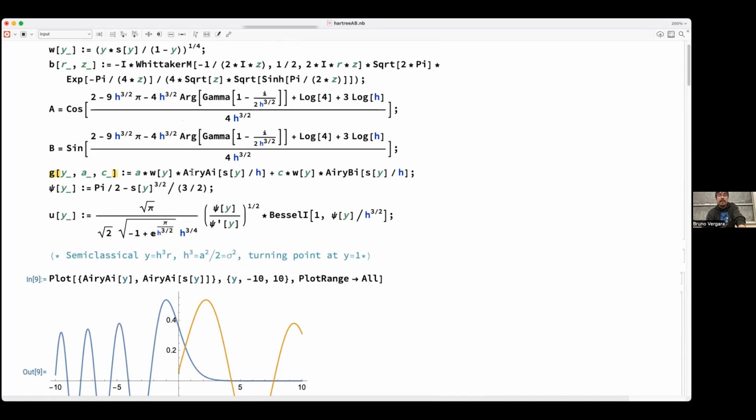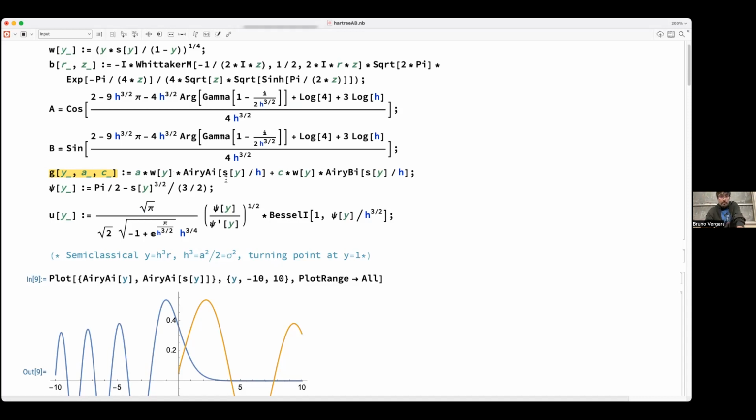I'm going to write it as a combination of Airy A, Airy B, and I have some prefactors that I call W, which basically account for the y over 1 minus y to the power 1/4. That was also present in this formula here, the square root of psi divided by psi prime. So this is basically the W that you're seeing in the code.